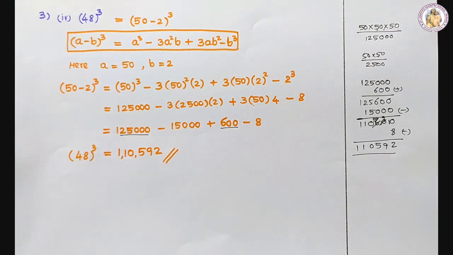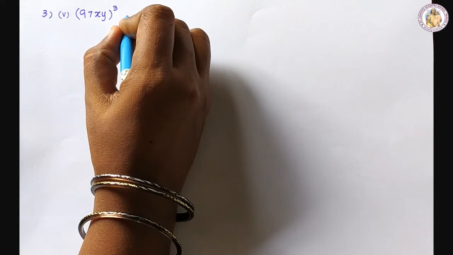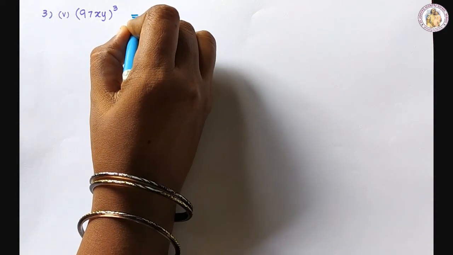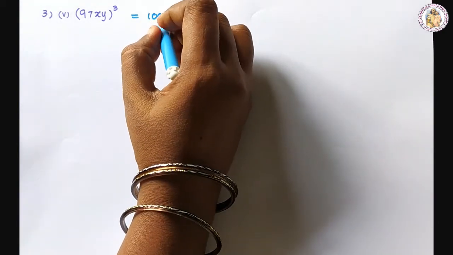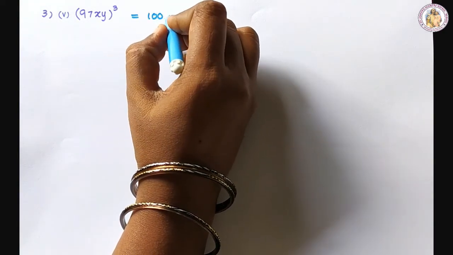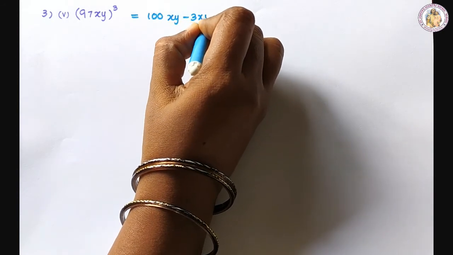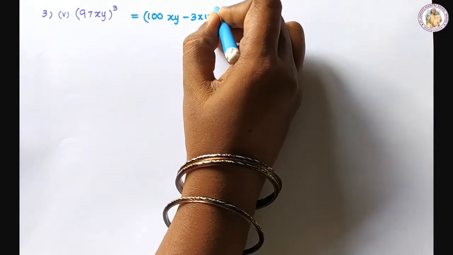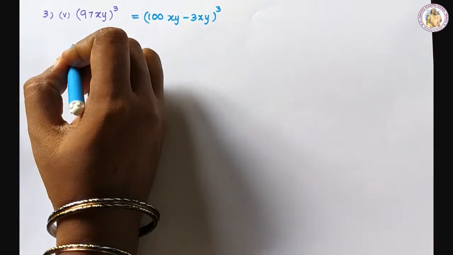That is the answer. Third question, fifth subdivision, 97xy whole cube. 97 is split into, we can write 100 minus 3. So (100xy minus 3xy) the whole cube. Now it is in a minus b whole cube format.